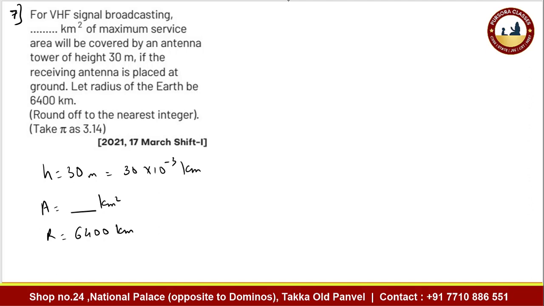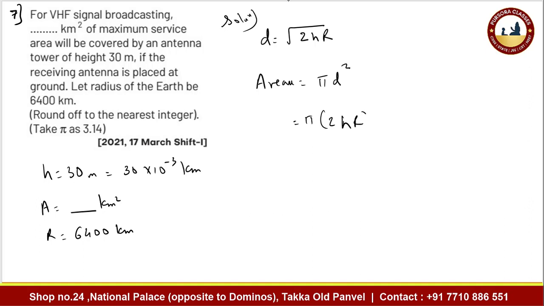Now we have to find the area. What is the maximum range? That is under root 2 h into r. The area covered will be a circular part, so it will be pi r square. Here r is your range, so pi d square, where d is root of 2 h r. The square root and square cancel.